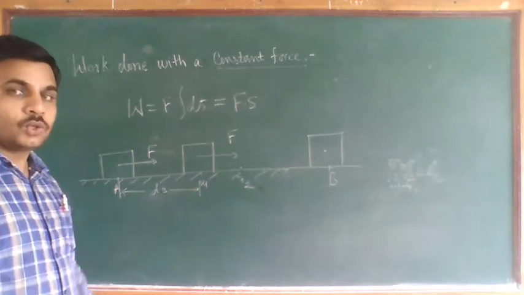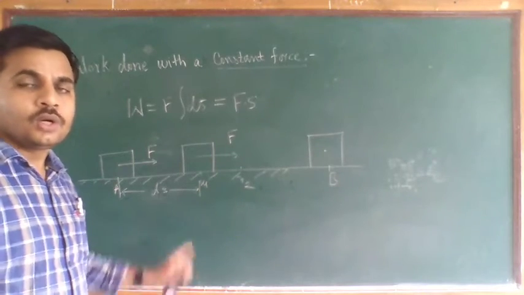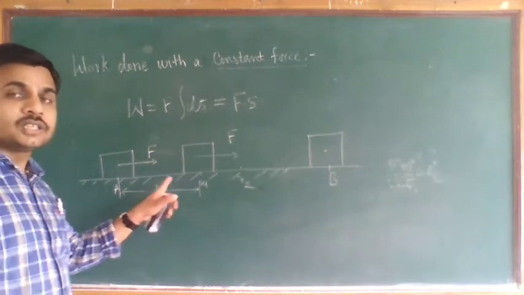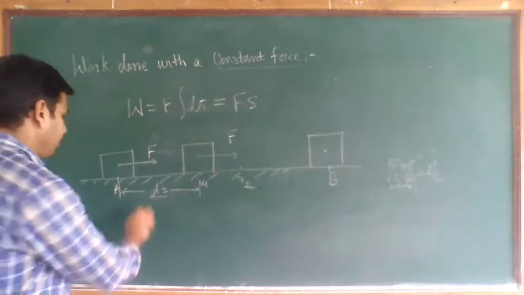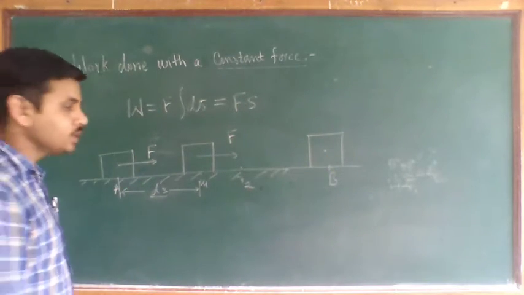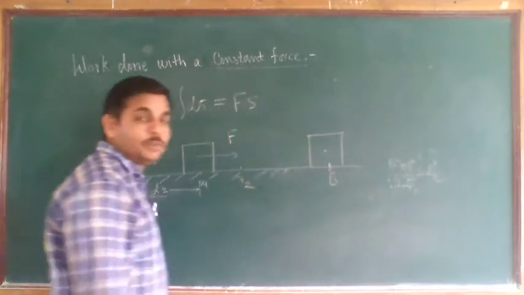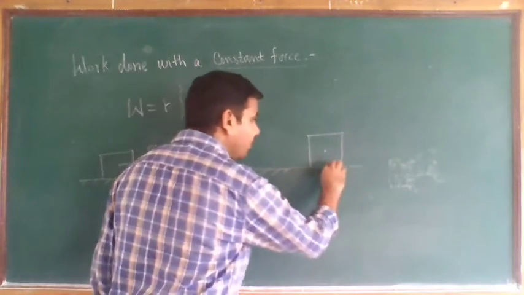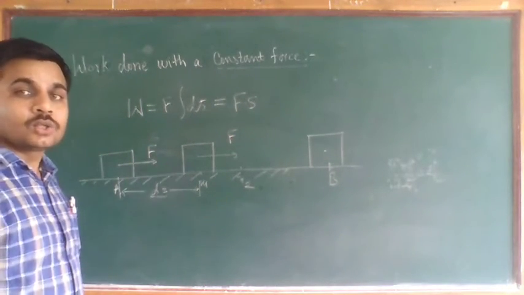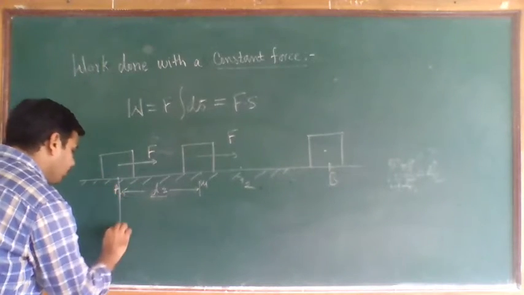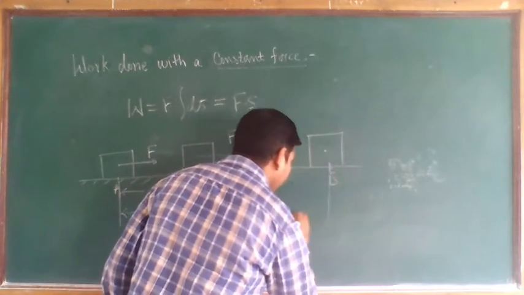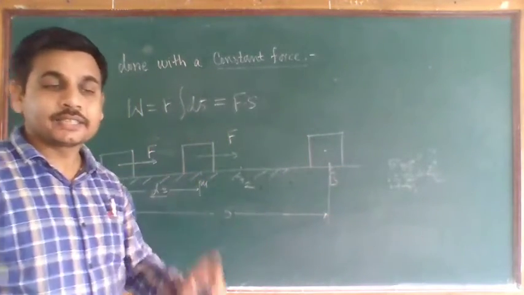The body covers a small infinitesimal distance ds, and by covering all these points, with the applied constant force it reaches the final position, covering the total distance from A to B, which is the whole distance s.